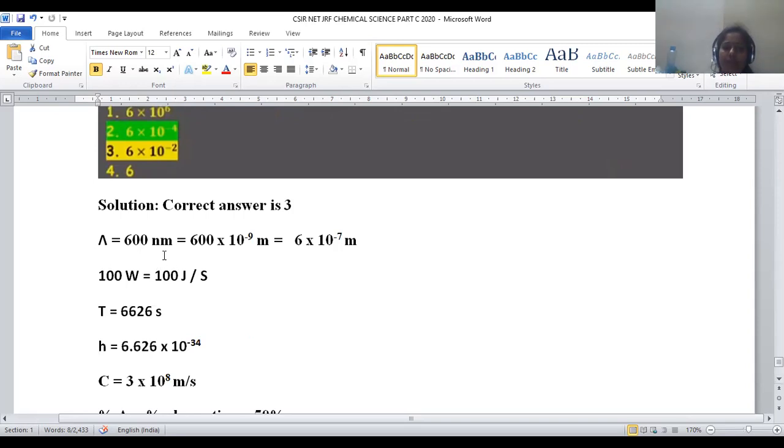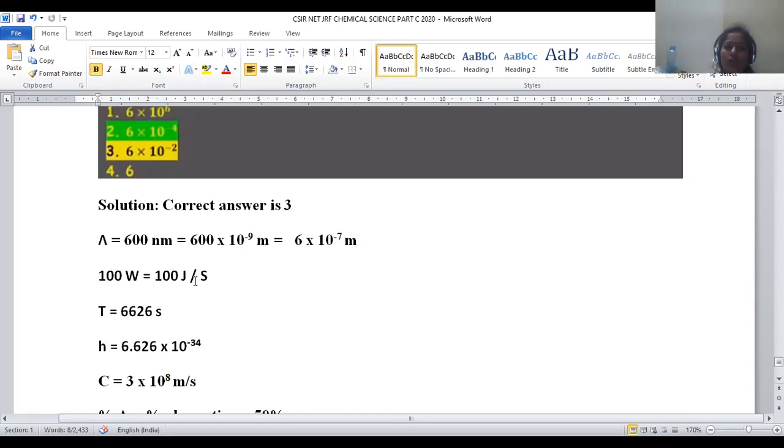For that purpose, we have parameters which are provided. Lambda, the wavelength, is given as 600 nanometers. That can be converted into meters by multiplying with 10 to the power minus 9. So 600 into 10 to the power minus 9 is nothing but 6 into 10 to the power minus 7, because plus 2 zeros and minus 2 zeros get cancelled. The leftover is 6 into 10 to the power minus 7 meters.